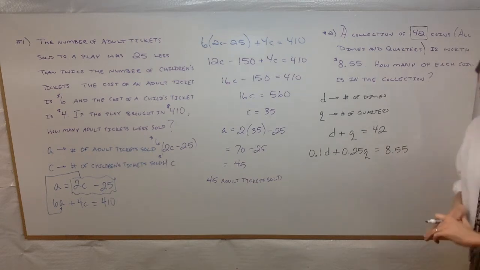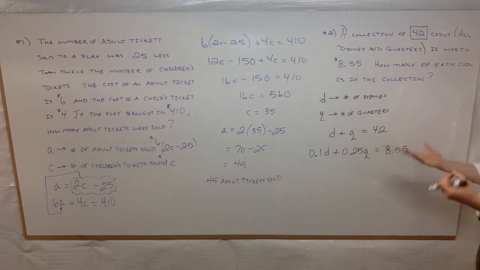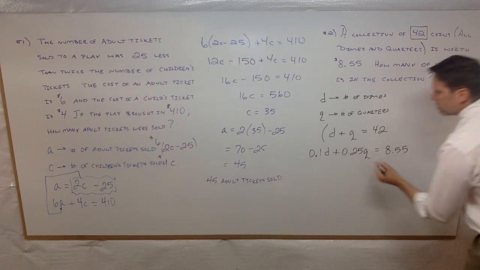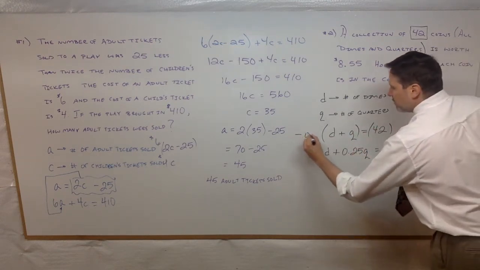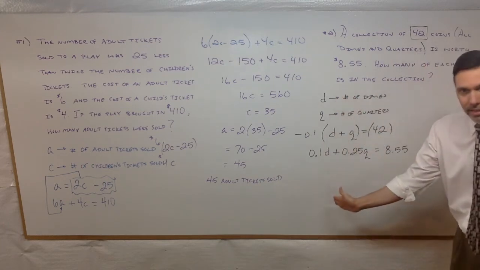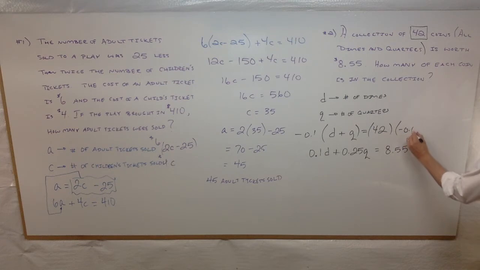All right, you got yourself a system of equations. You solve this. Again, we could do substitution by simply solving the top equation for D or Q, or we could do elimination, whichever. It really should not matter. I'm going to try elimination just to be different. I'm going to take the top equation, multiply it by negative 0.1 to eliminate the D's. I just have to make sure I multiply everything by negative 0.1.